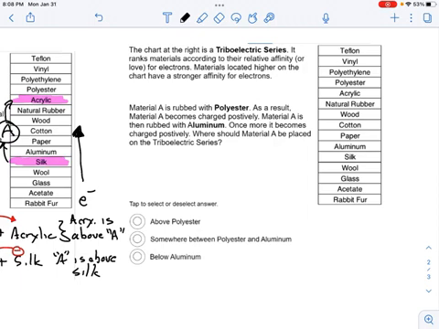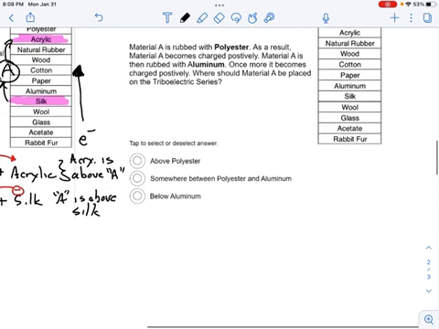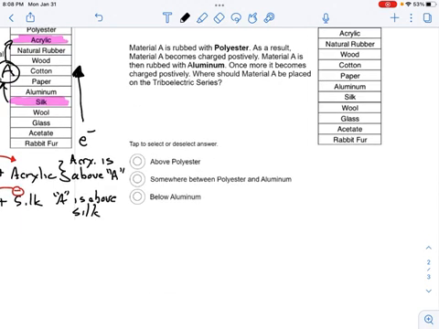Let's take a look at another one. So material A is rubbed with polyester. As a result, material A becomes positively charged. Okay? So another way of organizing this, I'm going to show you just a couple different ways, but I would definitely write this out.